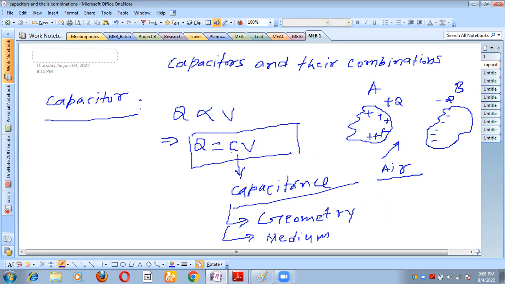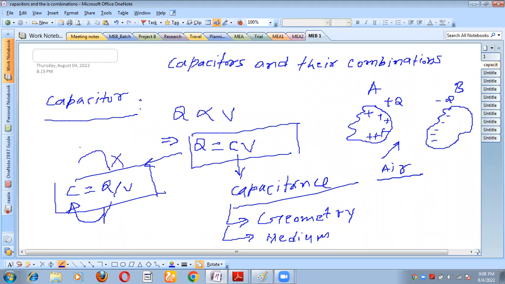So generally, from this expression, we might think that C is equal to Q by V. So we might think that if charge is changing, potential is changing, then capacitance may change. But actually, this is not true. It is independent of charge and potential.